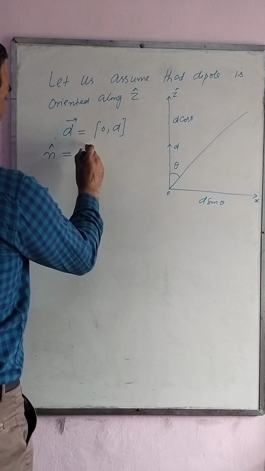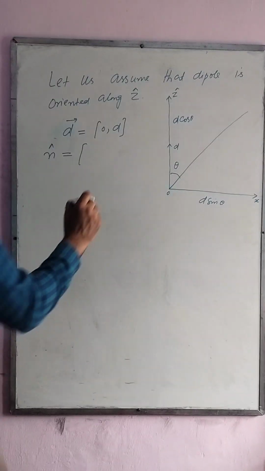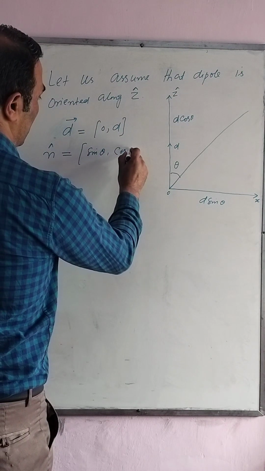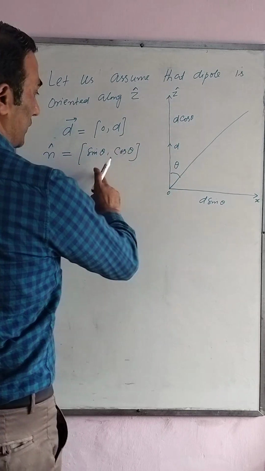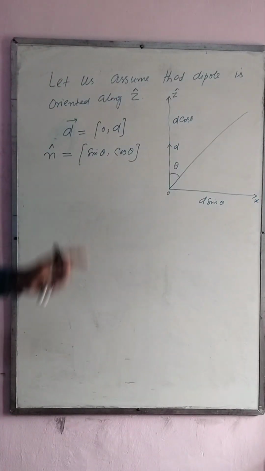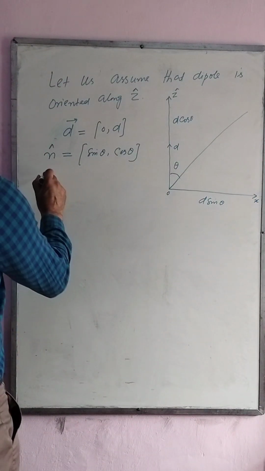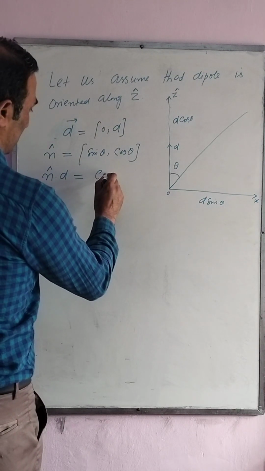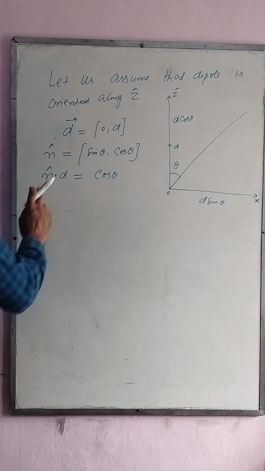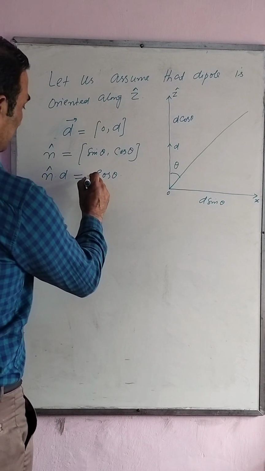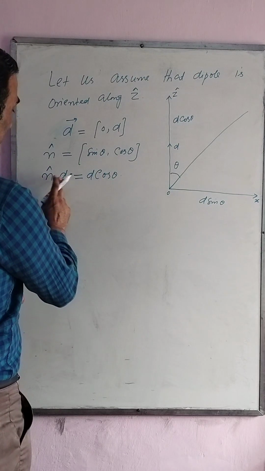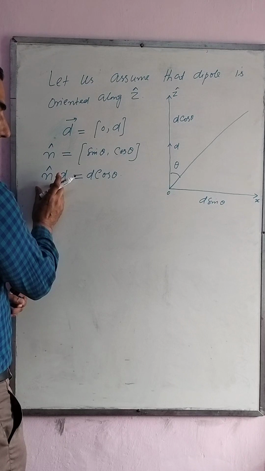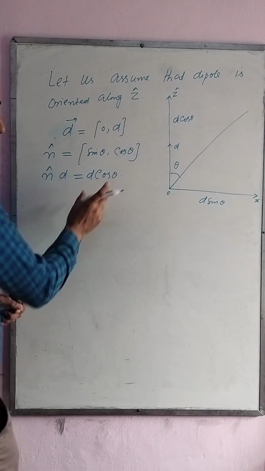So unit vector will be sine theta, cos theta, because this is the cos component and this is sine component, right? Now what will be our n dot d here? So this will be equal to d cos theta, because that is a mod and mod d cos here, right? But this unit vector is of unit length, so mod n will be equal to 1, so this will be d cos theta.